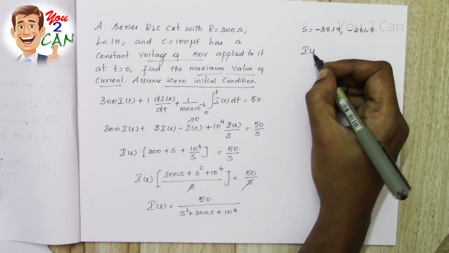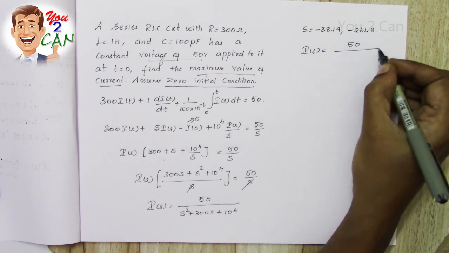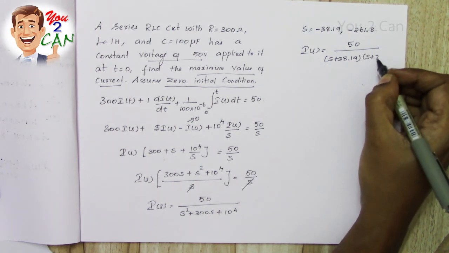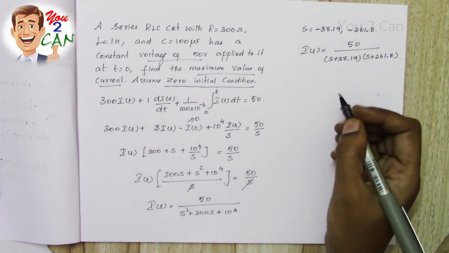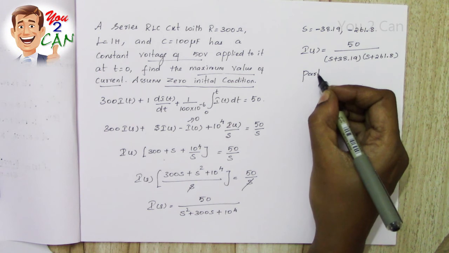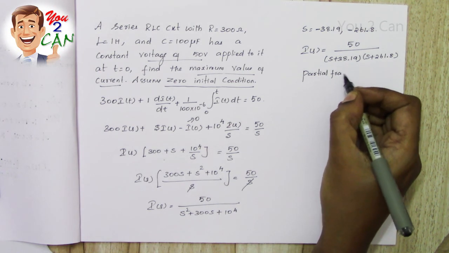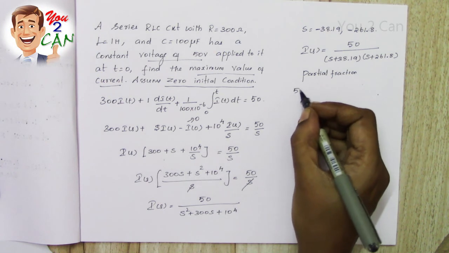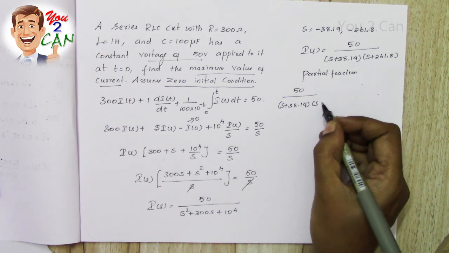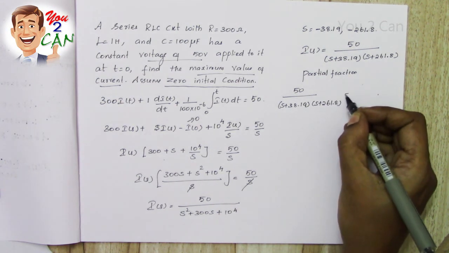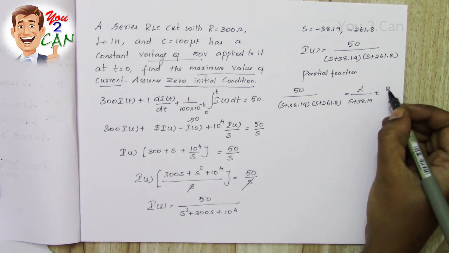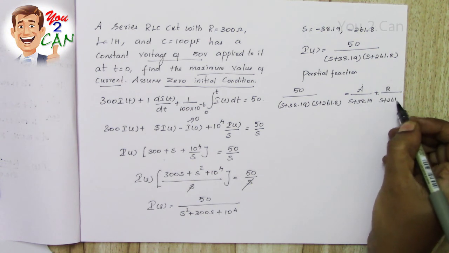Now write the equation: I(s) is equal to 50 divided by, the roots are, (s plus 38.19) into (s plus 261.8). Now you have to take partial fractions. So the partial fraction for 50 by (s plus 38.19)(s plus 261.8) will be A by (s plus 38.19) plus B by (s plus 261.8).